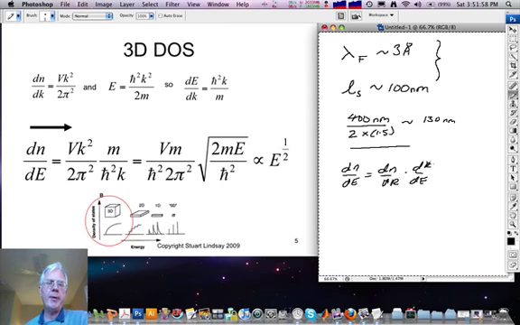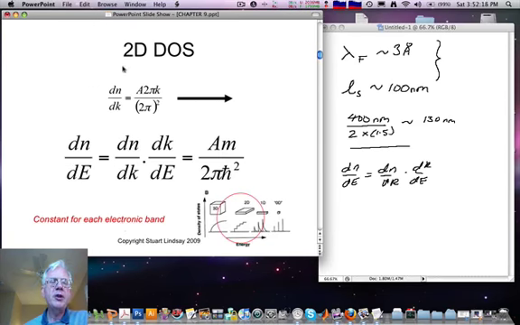When this is done in 3 dimensions, and the expression for E derived from K using this free electron kinetic energy here, one obtains a density of states per unit energy which varies like the square root of energy, which is the shape of this function down here. In 2 dimensions, the density of states per unit K is just proportional to K, and so this cancels out with the 1 over K that appears in the expression for dk/dE, with the result that the density of states is constant.